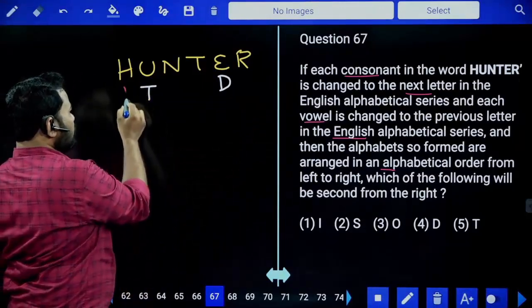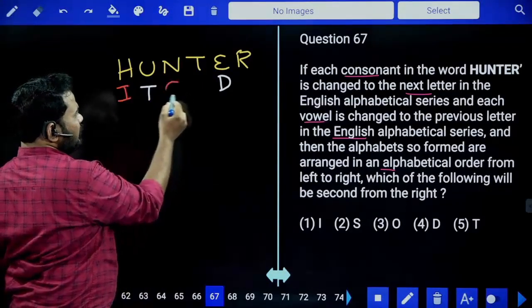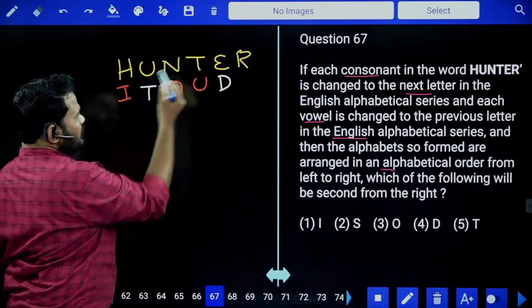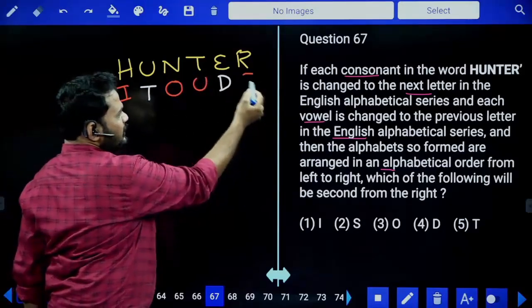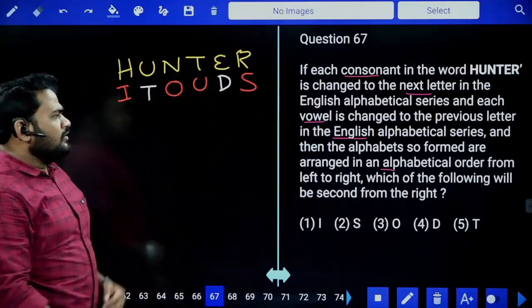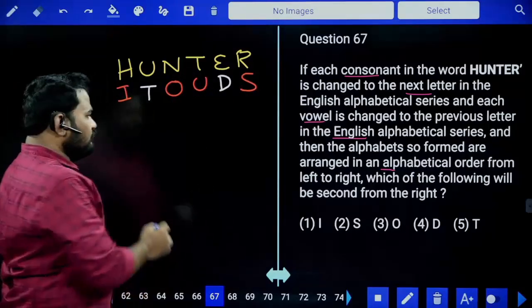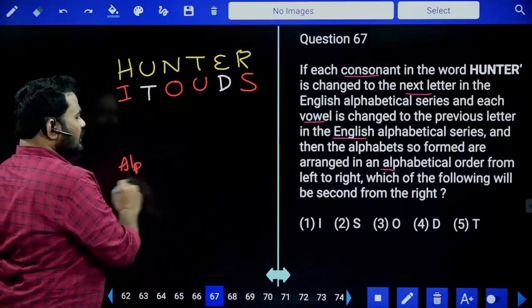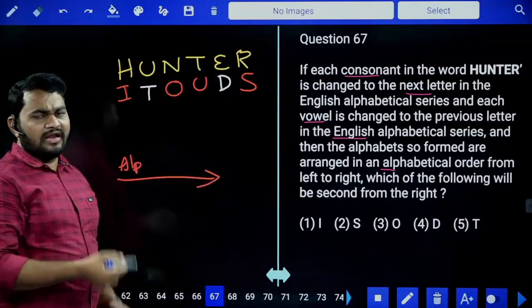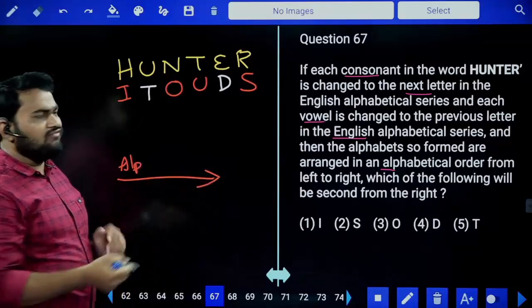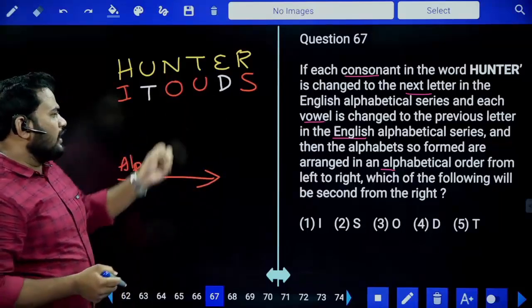So next letter of H is I, next letter of N is O, next letter of T is U, next letter of R is S, and then the alphabets so formed are arranged in alphabetical order from left to right. Alphabetical order is nothing but from A to Z, we need to rearrange all these.